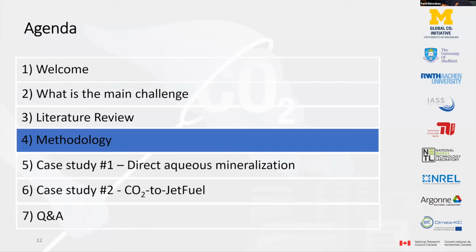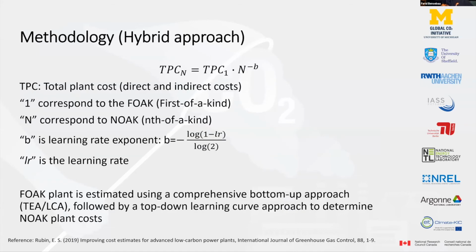Yes, the next agenda item is the methodology. I'm going to be brief, because this methodology will be expanded when we discuss the two specific studies. The common thing I want to insist on here is the one we chose, which is the combined learning rate, based on the total plant cost of the nth plant.